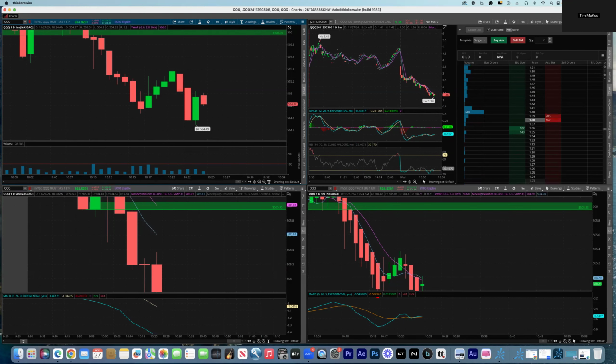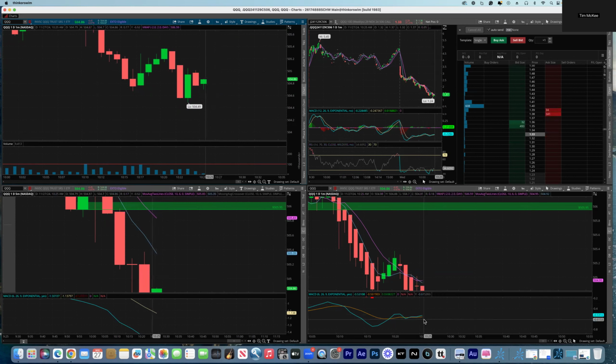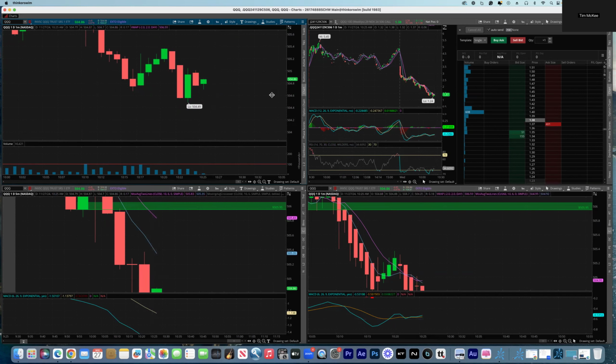Really like to see this price rise higher so we can get a full reset on our MACD. So we'll just hold off.